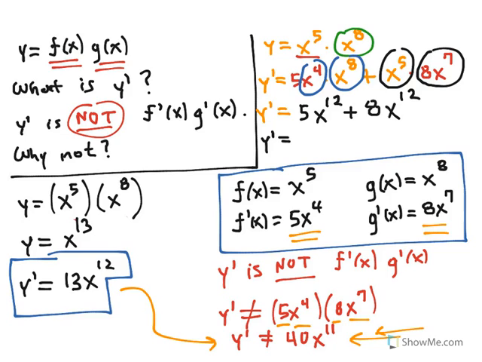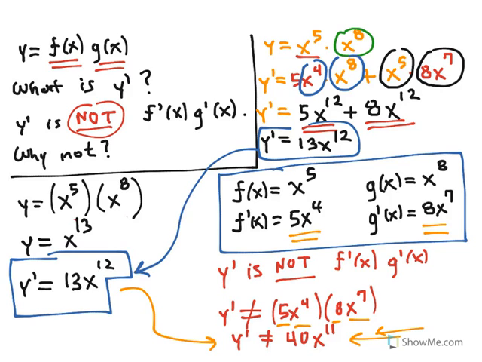And what you have here are two like terms. You have 5 times x to the 12th plus 8 times x to the 12th. So when you combine the like terms, you get 13 times x to the 12th, which is, of course, what we had here. So this is, in fact, the correct derivative.